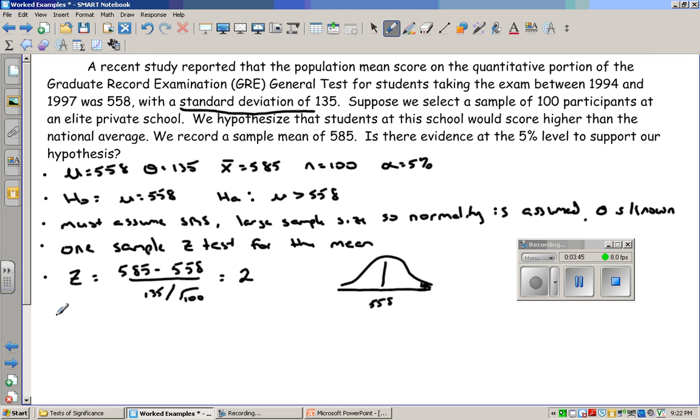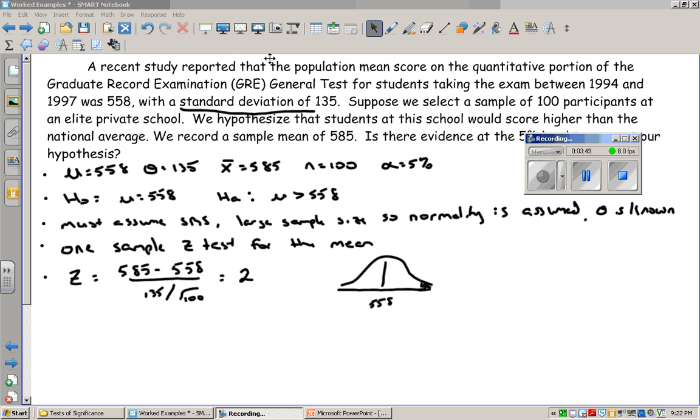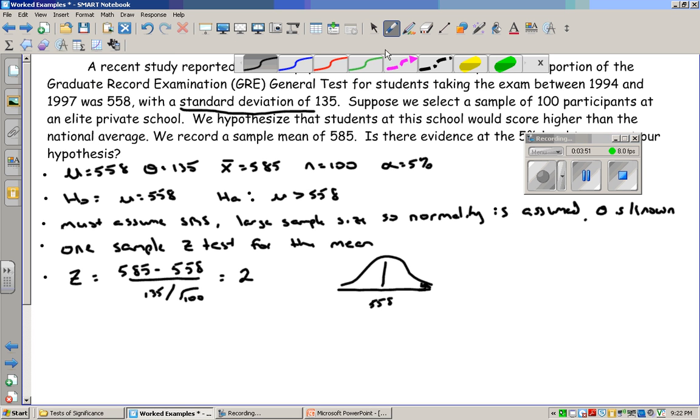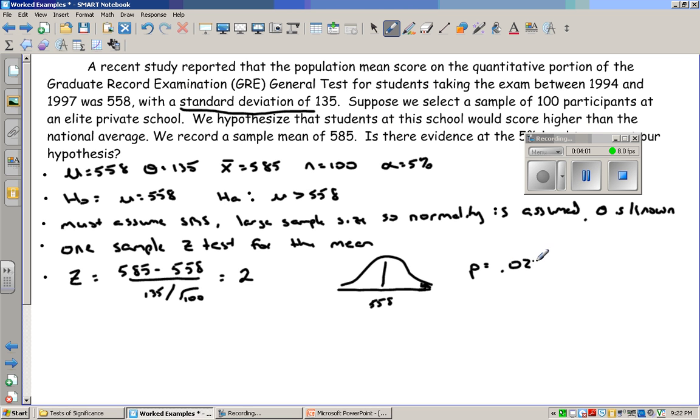Now we can go to our calculator again, and let it calculate the probability for us using a normal distribution, and we wind up getting a p-value of 0.0228. Now that probability is obviously smaller than the 5% alpha, right?